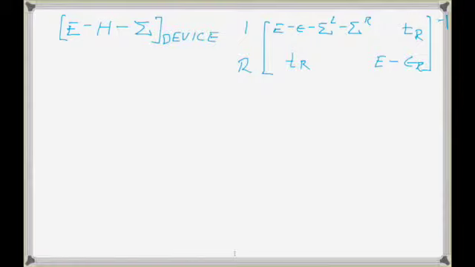So that's the full Green function of the device. This is G_ij, where i and j are either 1 or R, site 1 or the extra site R I stuck up there. That is the Green function: the inverse of this matrix.